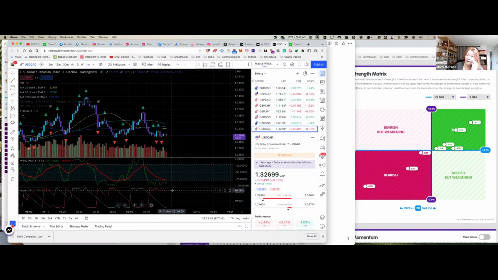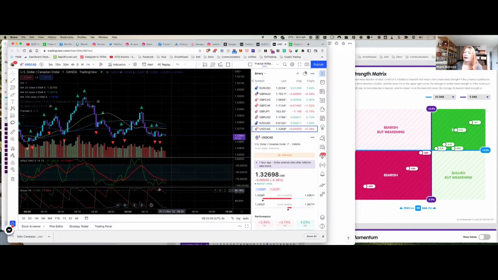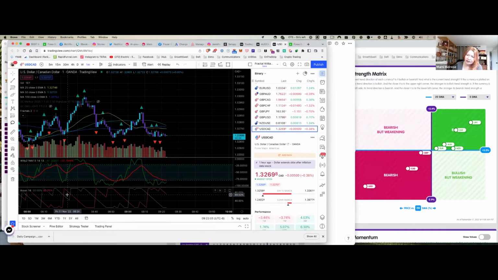Another thing that's really important is to back test whatever you're looking at. So for instance, do you see in the Williams right here, the green line crossed over the red, and then we have this bullish candle, right? And this was right after it hit its bottom.